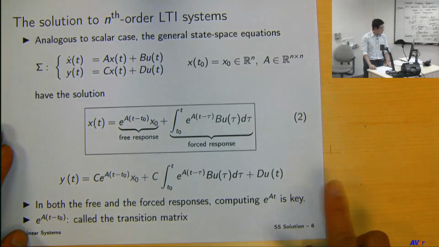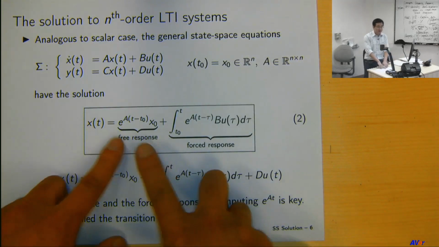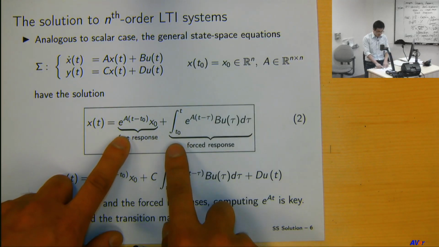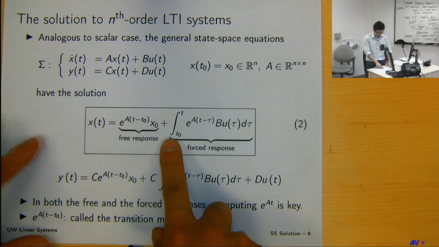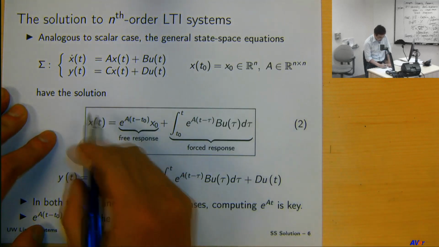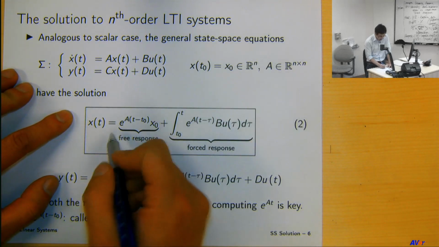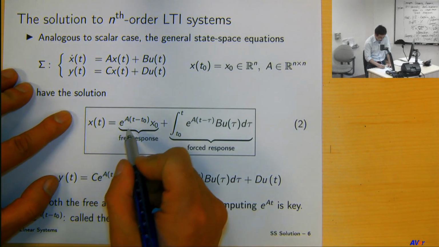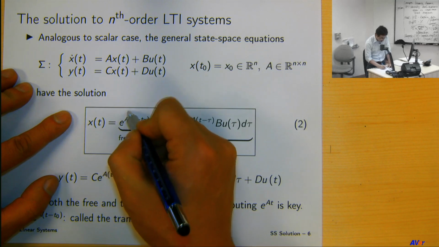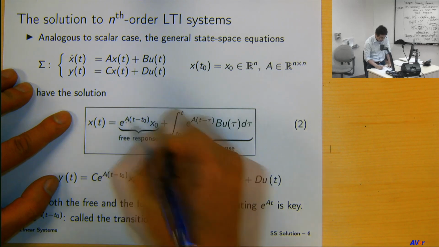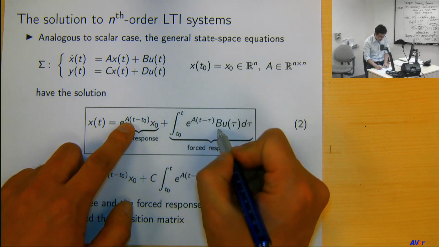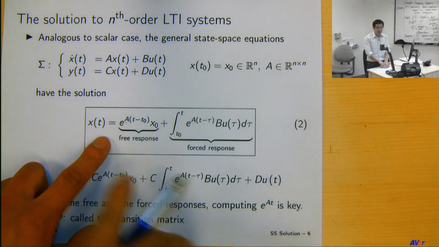The general case, now that you understand that, is very straightforward to obtain. It's the same structure, so it is also using the same concepts in the solution. The only difference in this case is that now you have matrices. This is no longer scalar, but becomes a matrix here, and a matrix here. But it has the same structure.